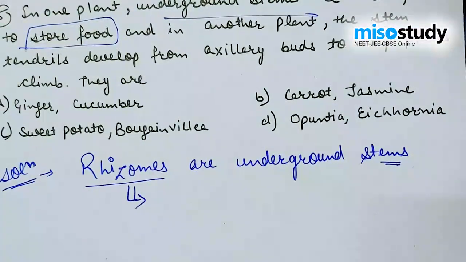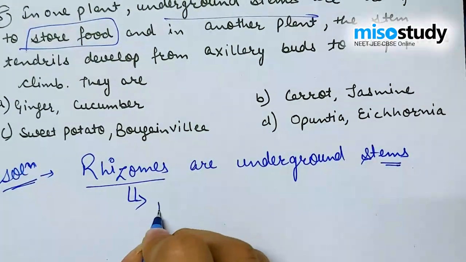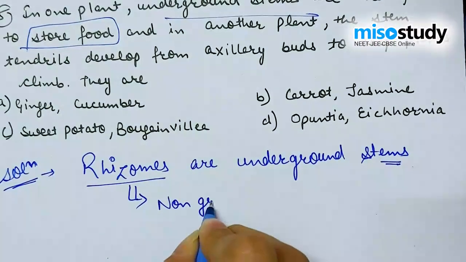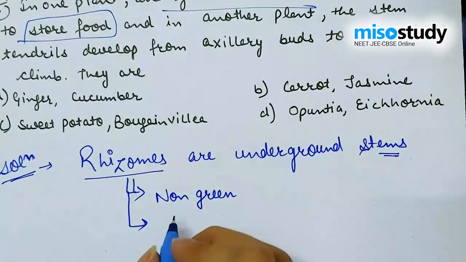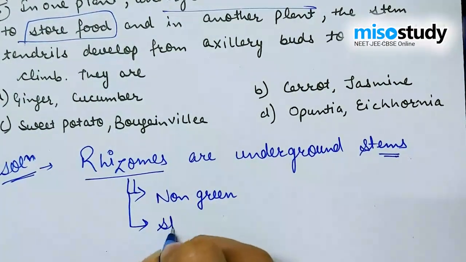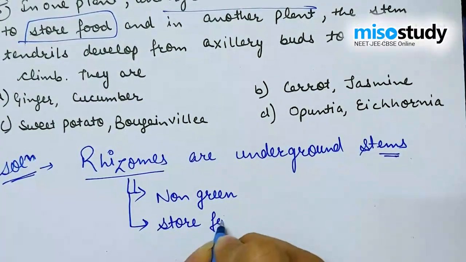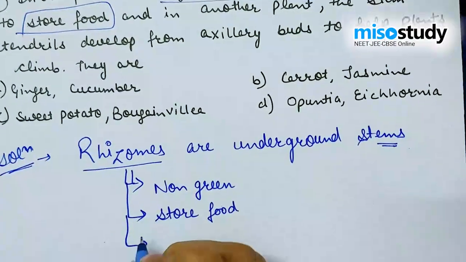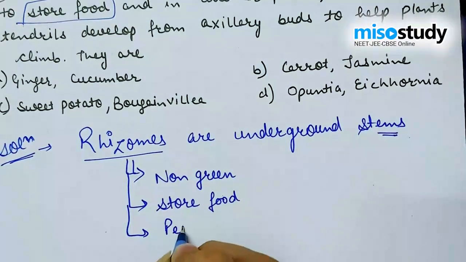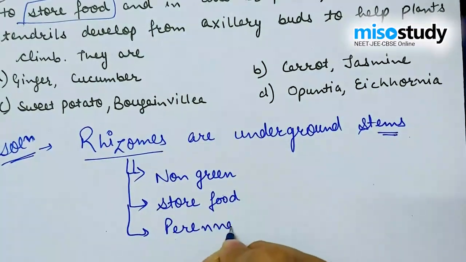When we discuss the stem, the first answer that comes to mind is that they are green in color, but rhizomes are non-green. Next, they store food in them and also take part in perennation.